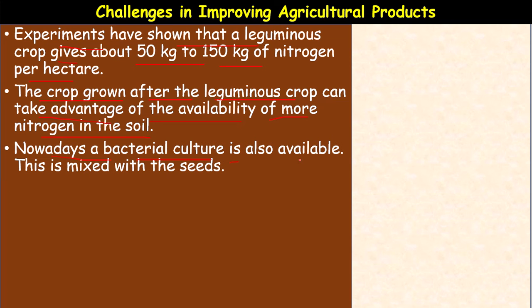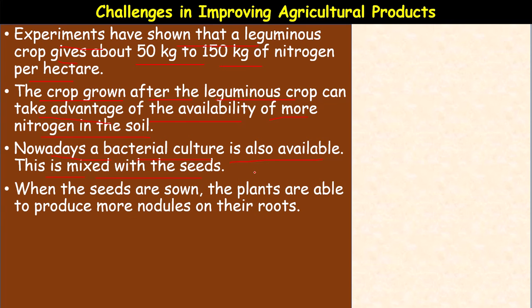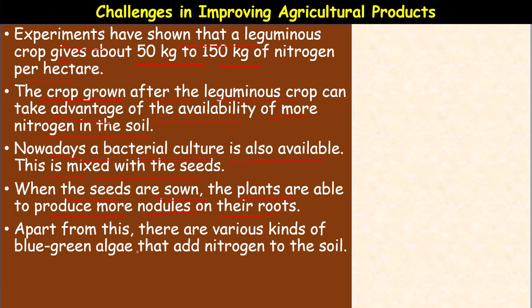Nowadays, a bacterial culture is also available. This is mixed with the seeds, nitrogen solubilized seeds they are called. When the seeds are sown, the plants are able to produce more nodules on their roots.